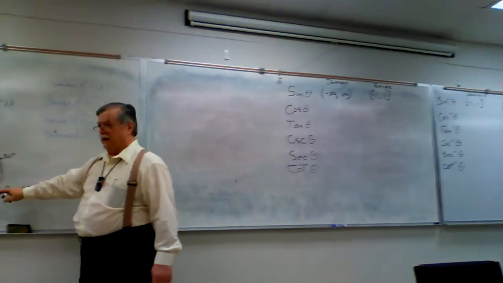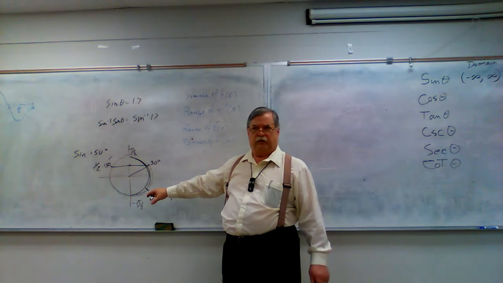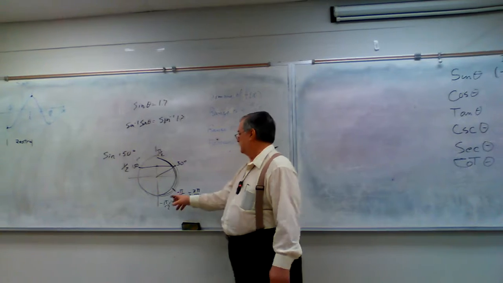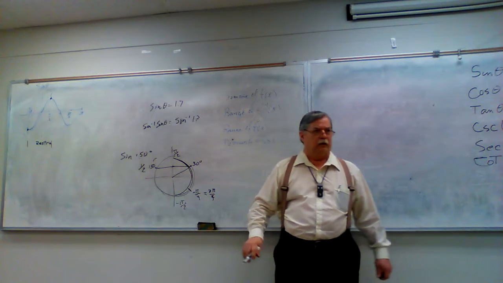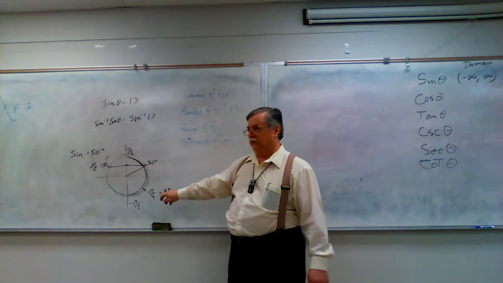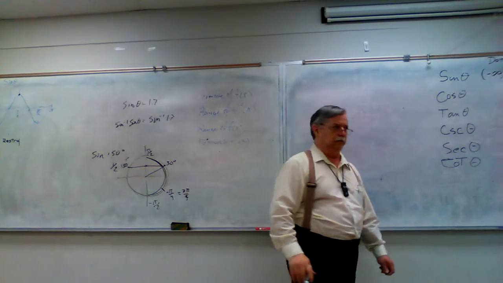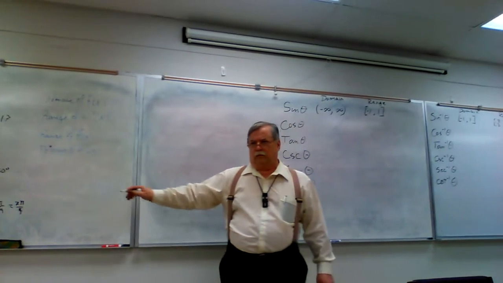Suppose you get minus pi over 4 as your answer. You take the inverse sine of, what is that, square root of 2 over 2? Minus square root of 2 over 2. You take the inverse sine of it and it gives you minus pi over 4.